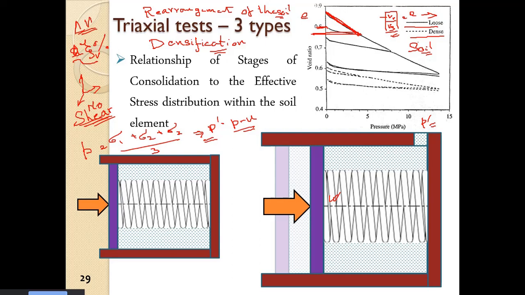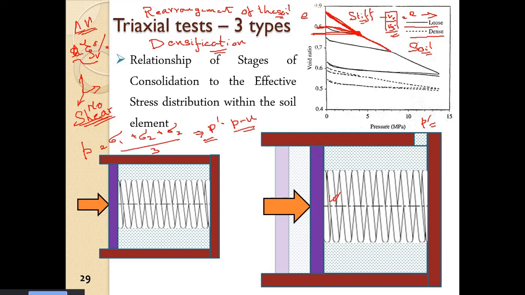Now when we load this soil again from this state, we will see that it traces a path in this manner. The soil, after being consolidated to this point, has become stiff. As soon as it reaches this point, it will again come through this curve. Now it will trace the virgin curve.